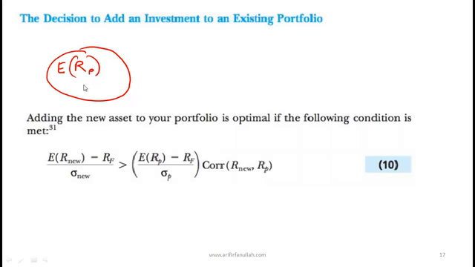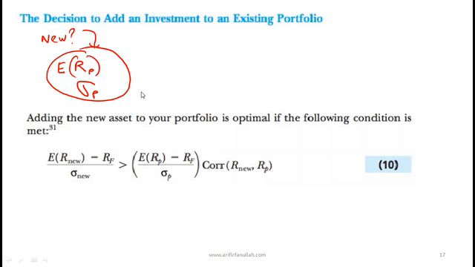This portfolio has a standard deviation given by the usual symbol, and you have a new asset. So there is some new asset, and you are wondering whether to add this new asset to the portfolio. So the question is, how do you make that decision to add or not to add?